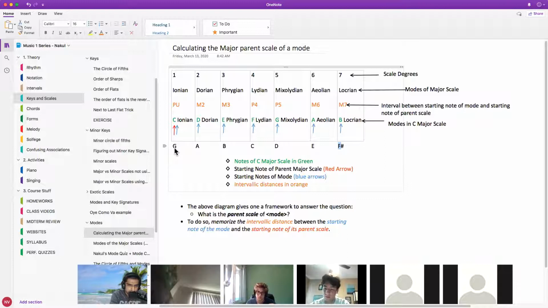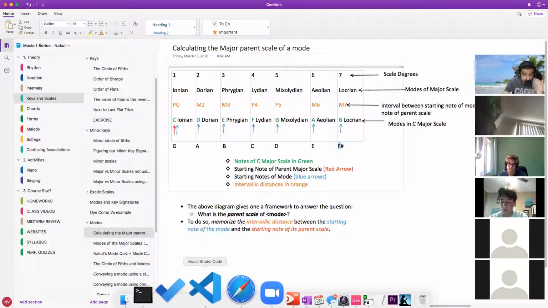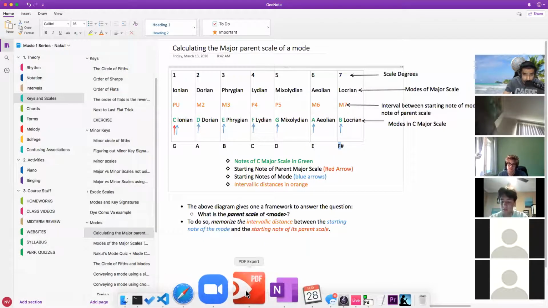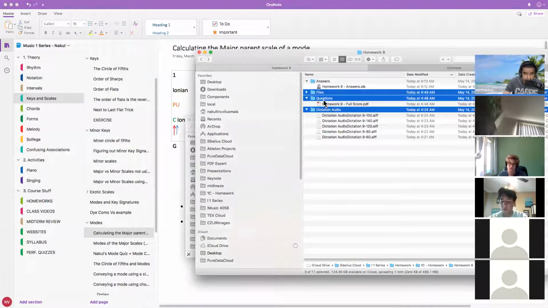So for B, would you take the flats or sharps and apply them to the B major scale? You could do it that way. Absolutely. Unfortunately, that's not going to help you for some of the homework problems. I'll tell you why. Can we do some example problems, please? Sure. Unfortunately, I haven't taught you everything I need to tell you before we get to the example problem. I still have some stuff to explain to you.